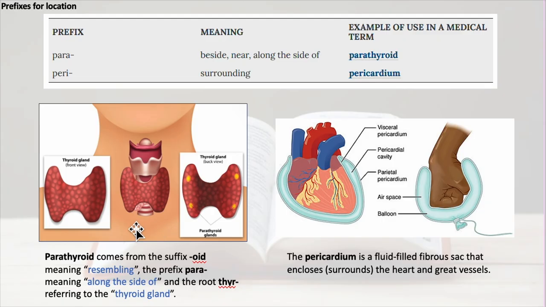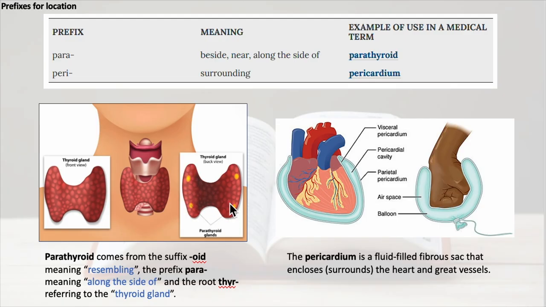So if we take a look at this photo here, this is the front view of the thyroid gland. So this is what's visible when you are staring at someone face on. And on the right here, this shows the back view. And on the back view, you can see these little highlighted orangey yellow circles.